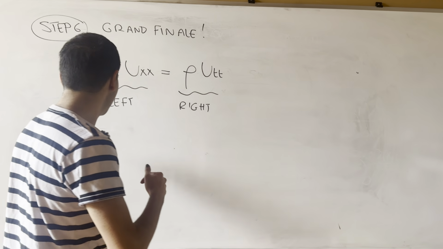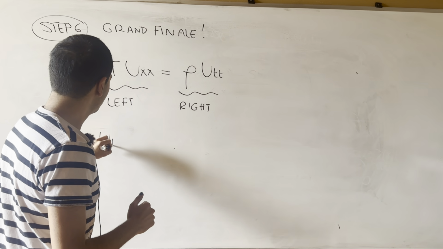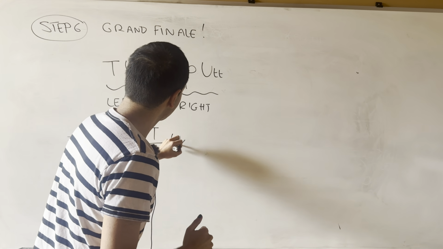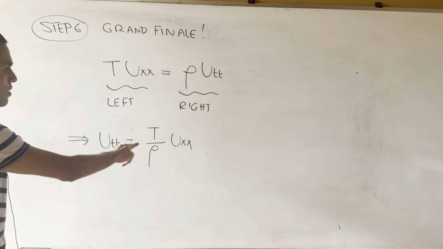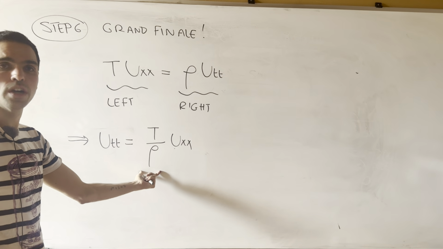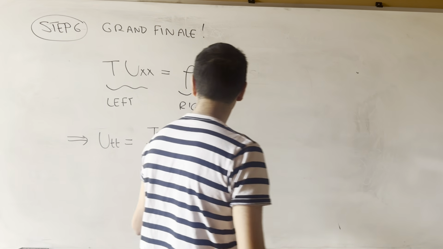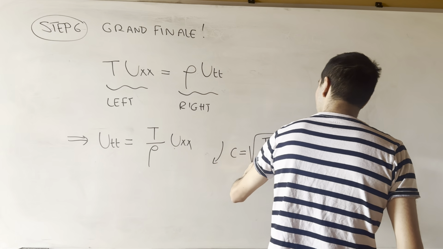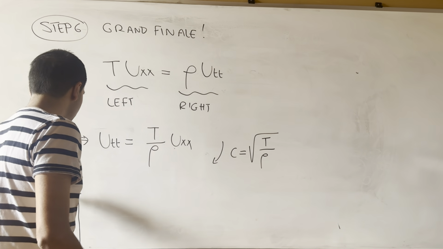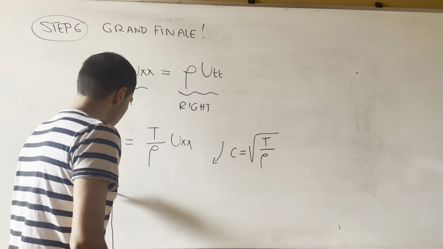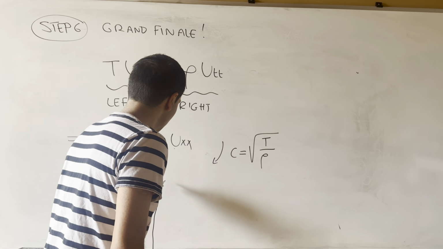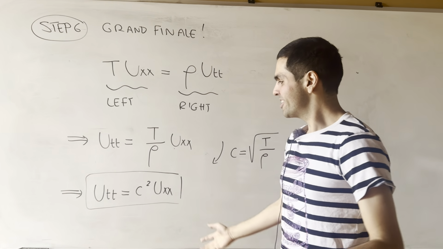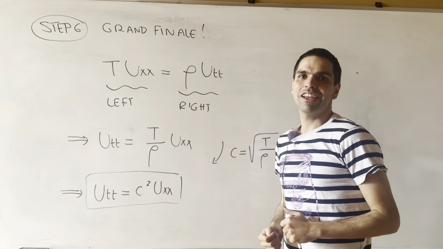But then now solving for u_tt, we get u_tt is T over rho u_xx. But if you let c be the square root of T over rho, you then in the end get u_tt is c squared u_xx. Which, ta-da, is the wave equation.